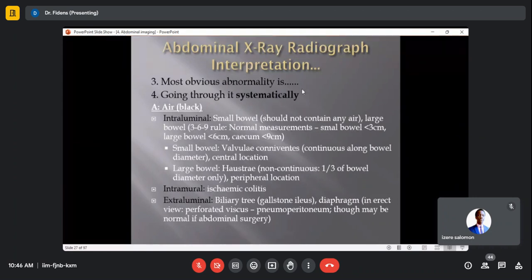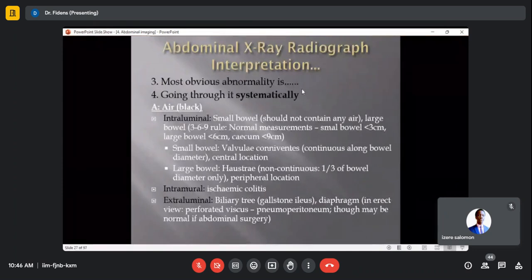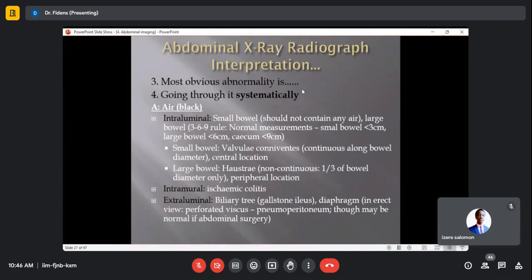When you are looking at the image, CT scan, MRI, X-ray, we start by the bigger picture in the image. You cannot start by the smaller things and forget about the big findings.